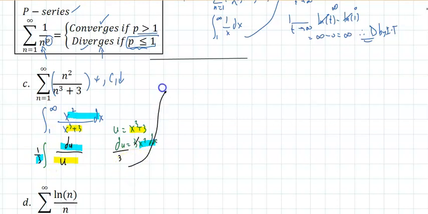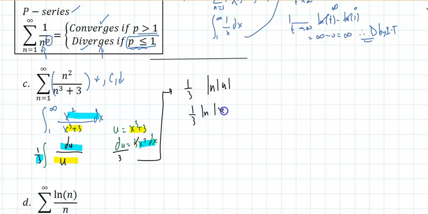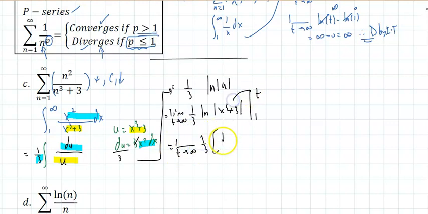And we know this will be 1/3 natural log of absolute value of u, and we know u is x cubed plus 3, evaluated from 1 to t, taking the limit as t approaches infinity. That is the limit as t approaches infinity of 1/3. Throw the t in.